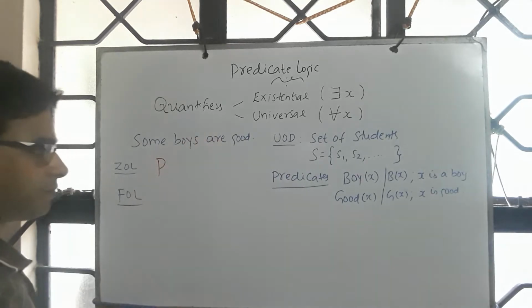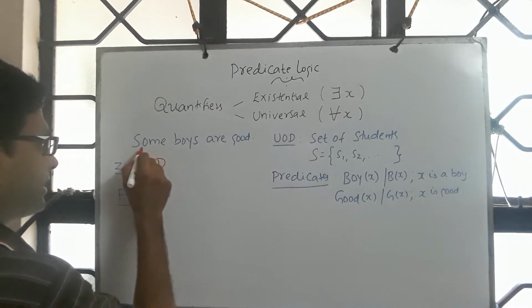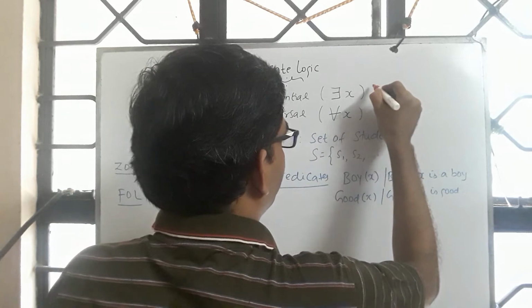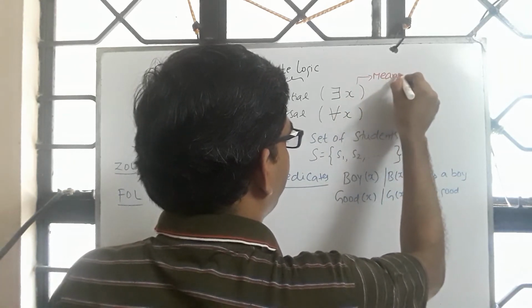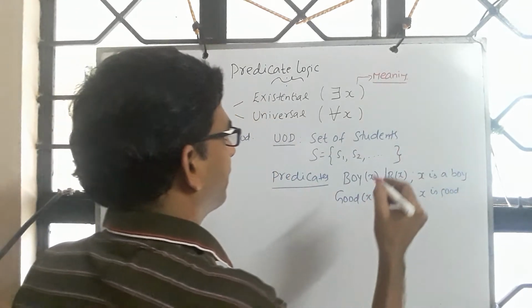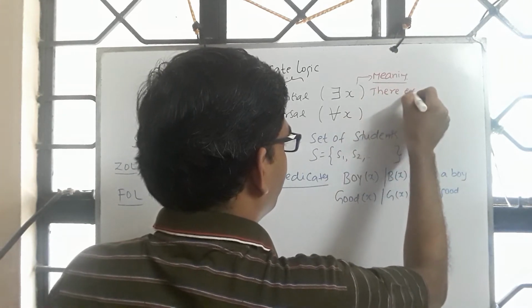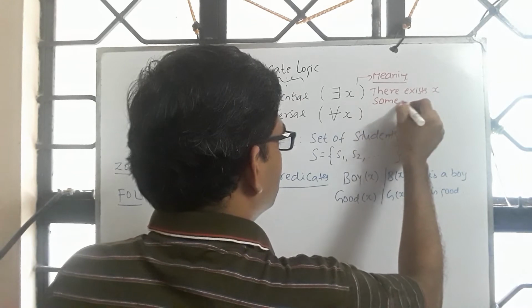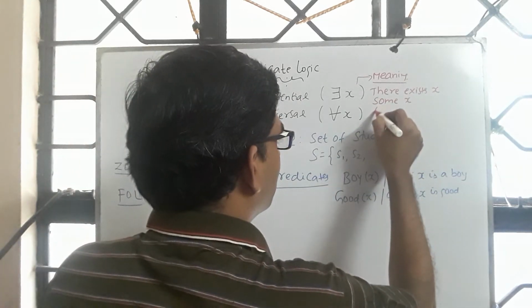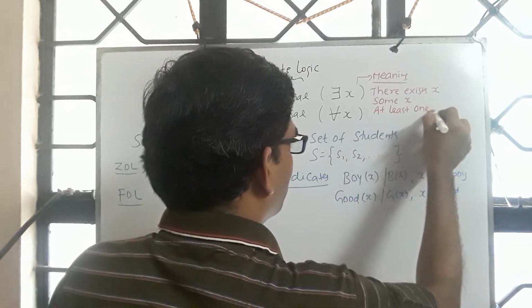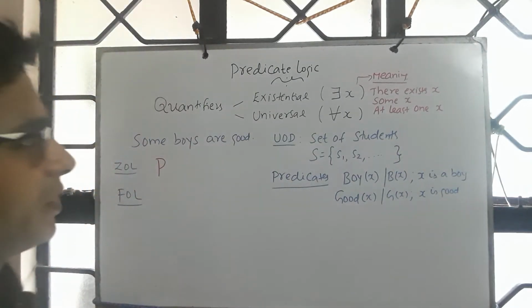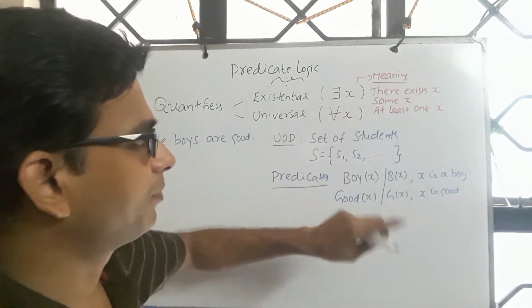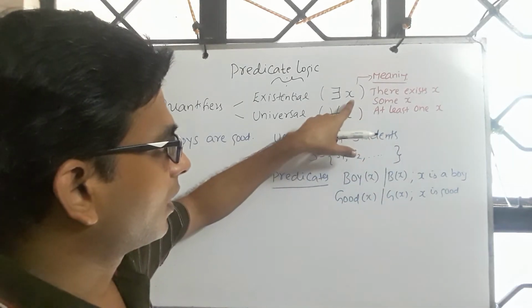Let's look at FOL. It says some. And when I say existential quantifier, so meaning of this, meaning in English, the natural language, there exists X or some X or at least one X. So they all mean one, and the notation is there exists X. When I say there exists X satisfying some property, the notation is this.